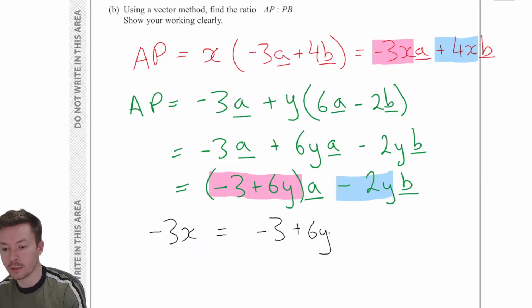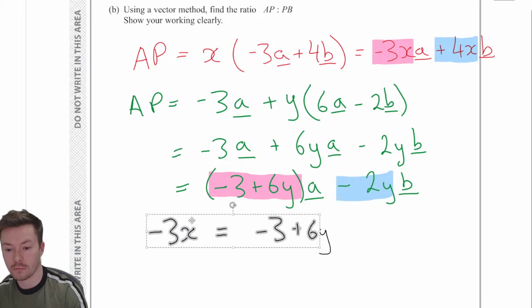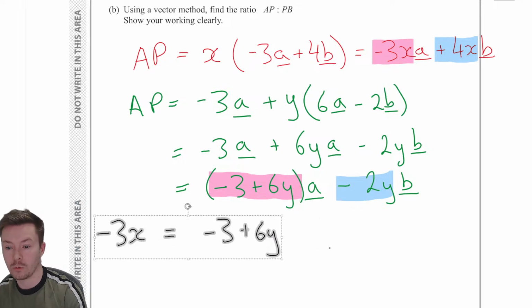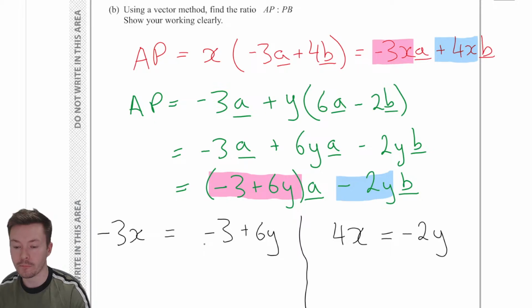And we've also got, if we look at our B coefficients, 4x is equal to minus 2y.